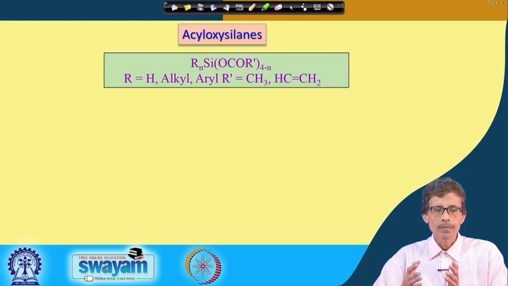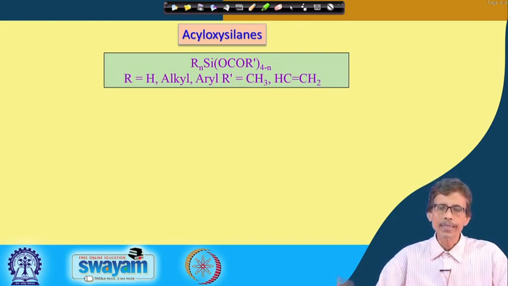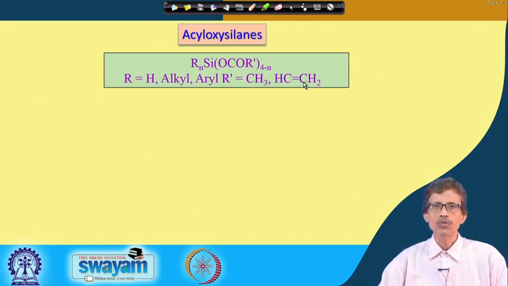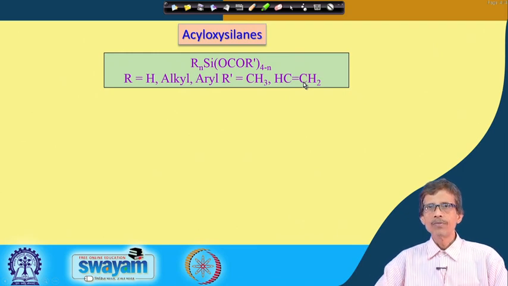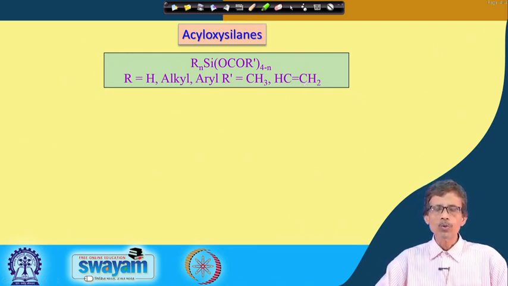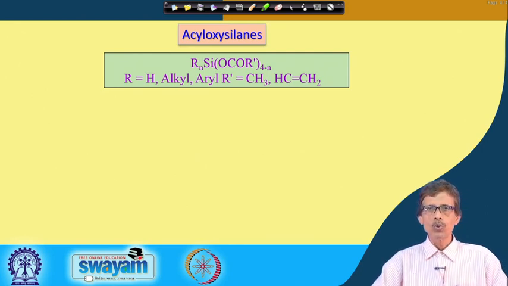This can be a methyl function, or very interestingly this CH double bond CH2 function, that means the allyl function. So how can we introduce it? We will be doing something very close to typical organic chemistry, because in organic chemistry we know that around the carbon center we can have different types of molecules, but when we have a material type of thing, silicon based materials, it can be an oil, a rubber, or a resin.